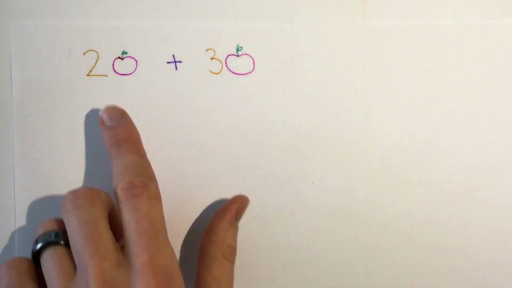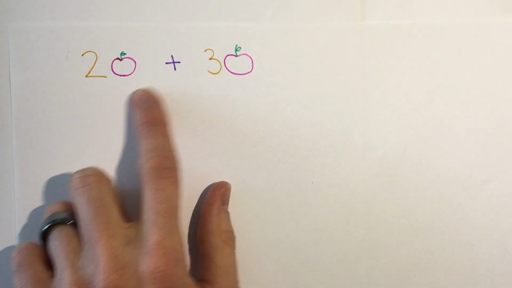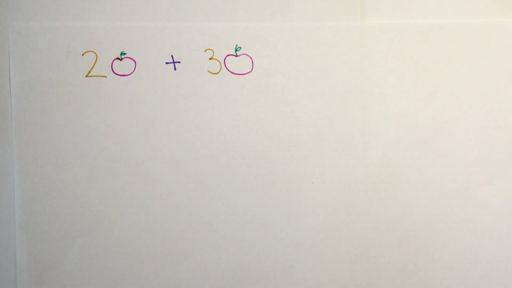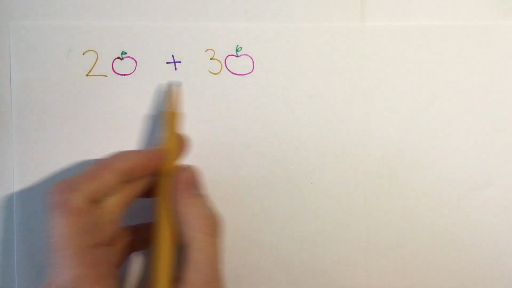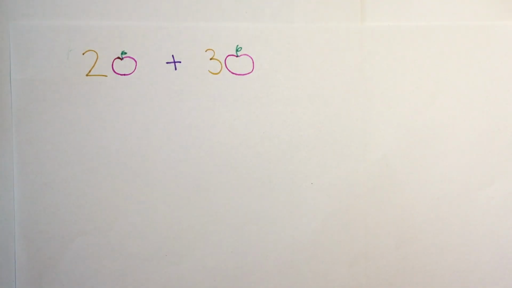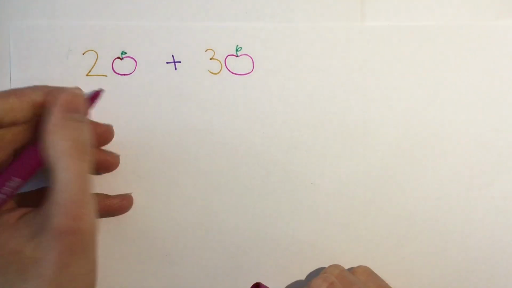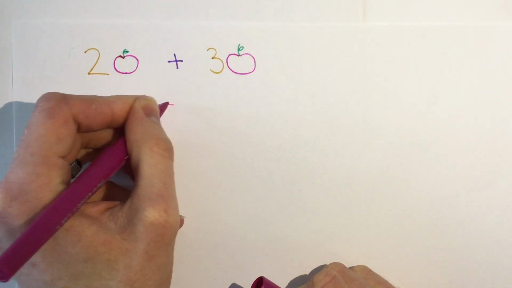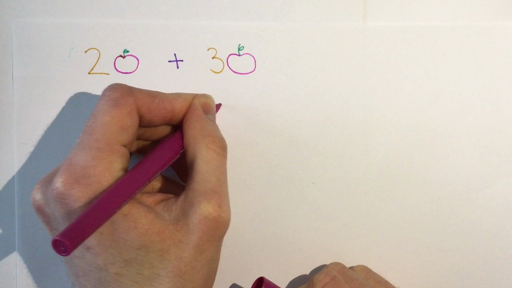So here, imagine that we have 2 apples plus 3 more apples. If we think about taking 2 apples and 3 more apples, we would have 2 apples here plus 3 apples here.